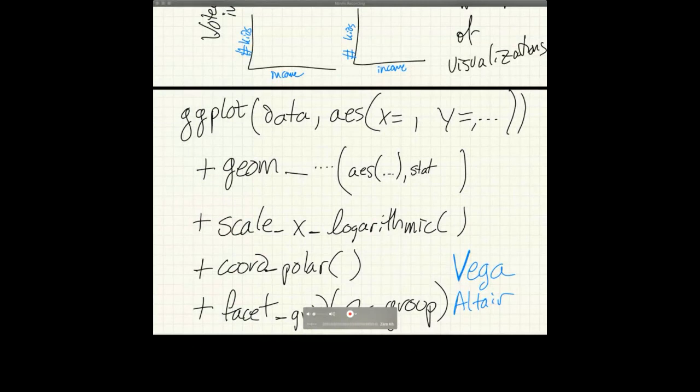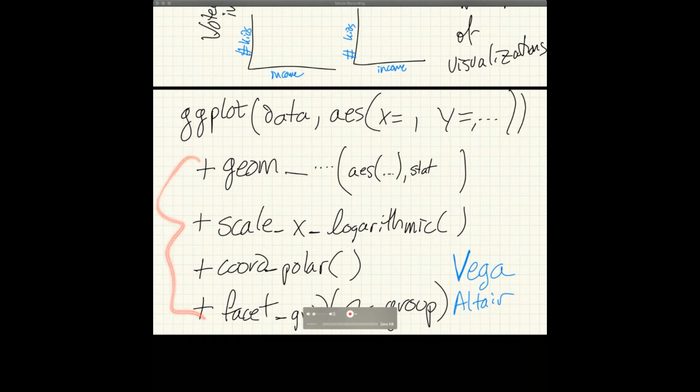I need you to know the difference between a coordinate plot and a polar plot, although I probably won't ask you to explain that in mathematics. I need you to recognize when you're looking at a coordinate plot, or a Cartesian plot, versus a polar plot. And I'm going to need you to know how to facet.